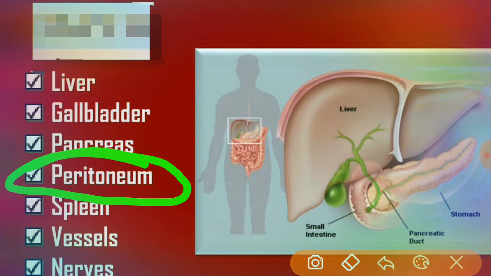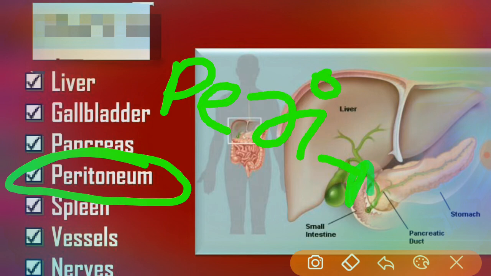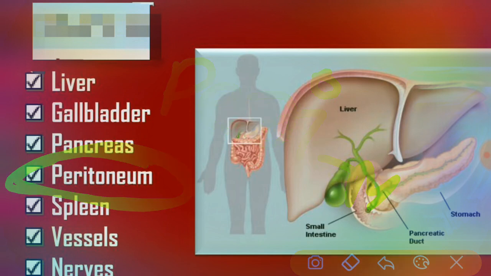Peritoneum. This is the spelling of the peritoneum. See here, the word peri means around. It is the peritoneum, the largest serous membrane of the body in the digestive system.